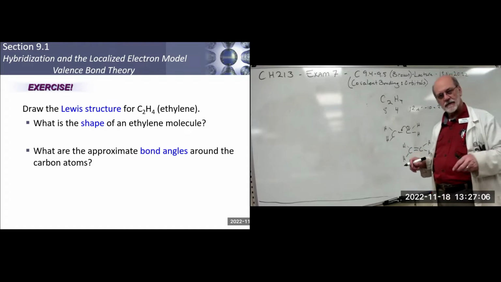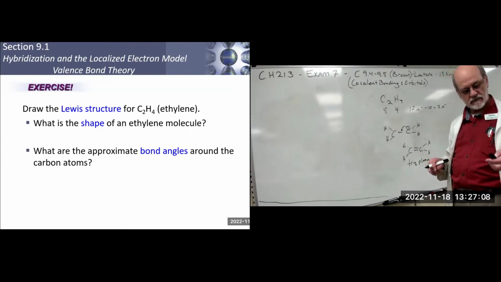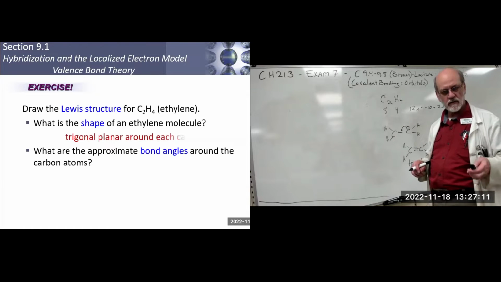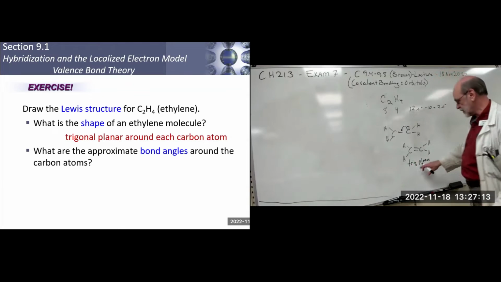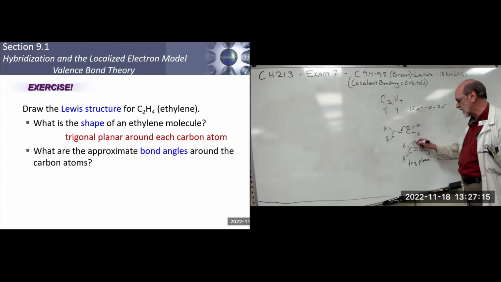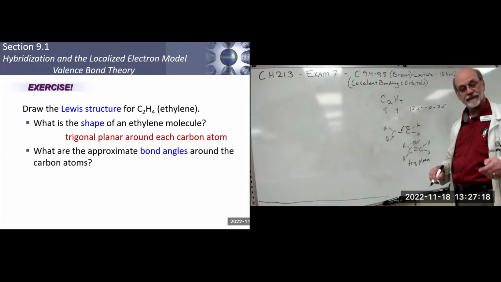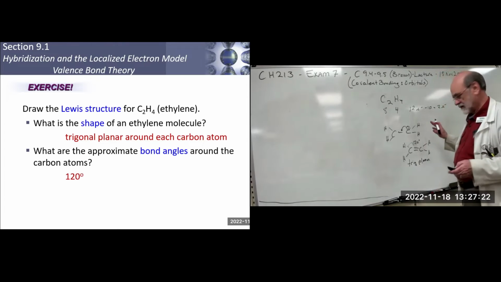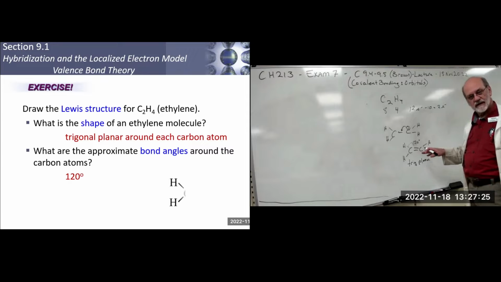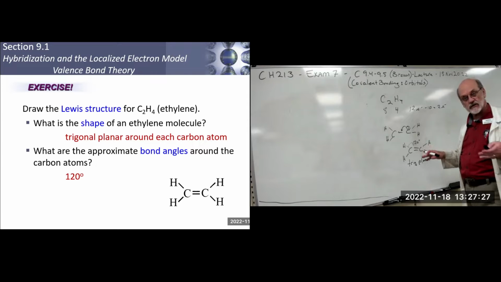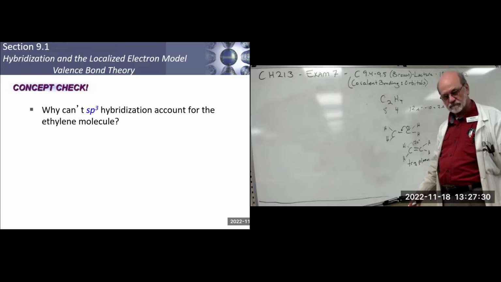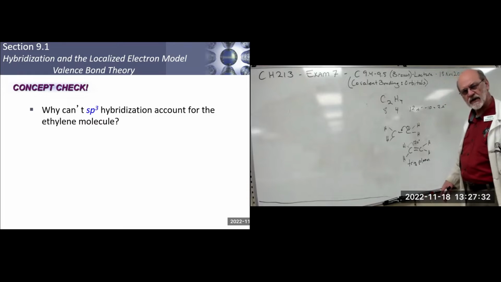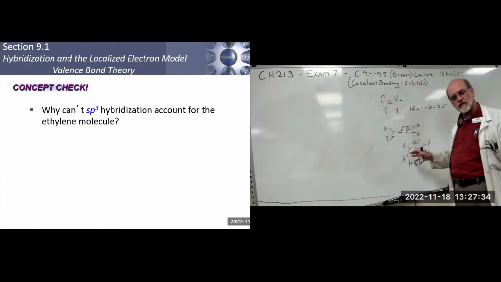So what kind of hybridization? Let's see, there's the shape of the molecule. And the bond angle, if it's trigonal planar, has to be 120 degrees, right? Okay. So how do we hybridize in order to give you that structure? You can't use sp3 because sp3 gives you a tetrahedral arrangement. And this is trigonal planar, right? So it has to be a different hybridization.